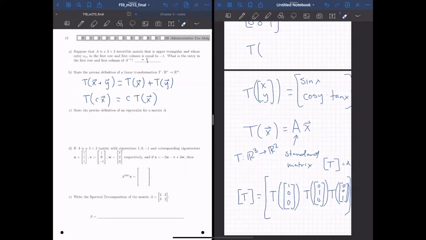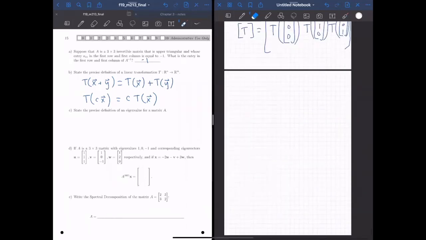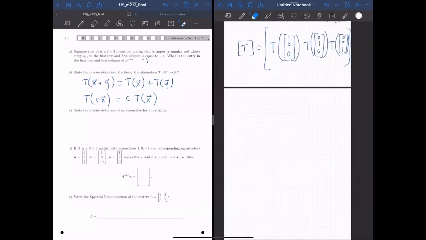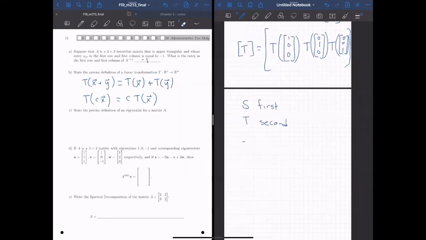Yeah. And the one thing you have to keep in mind when multiplying them together is that if you want the transformation S to happen first and the transformation T to happen second, then you want S to show up on the right when you multiply the matrices.